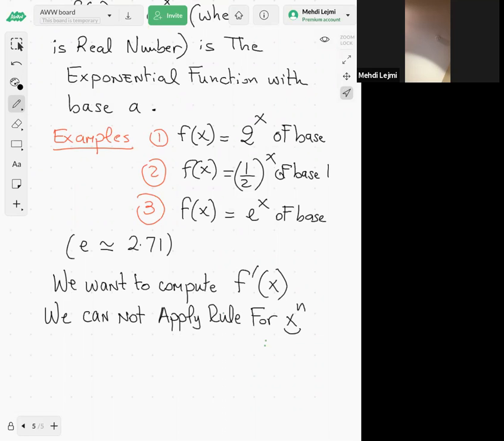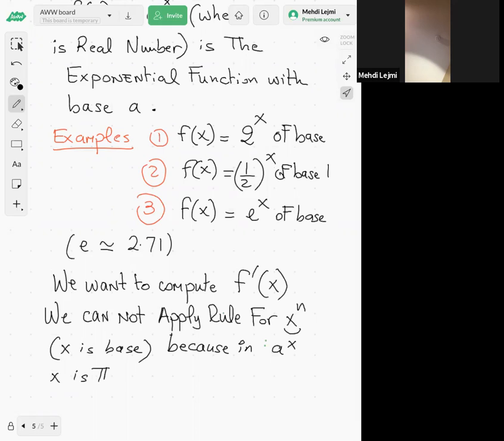The variable x is the base. Well, if you have a to the power x, x is the exponent, it's not the base. So we cannot apply the power rule, because in a to the power x, the variable x is the exponent.